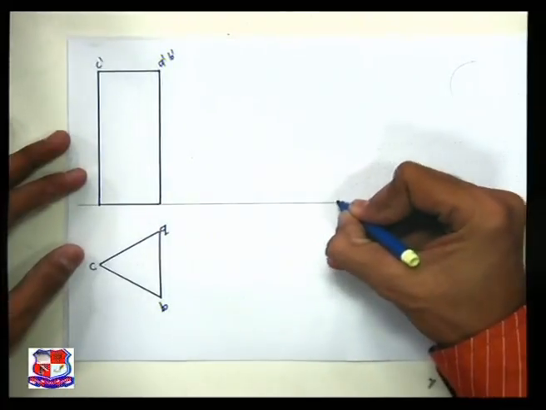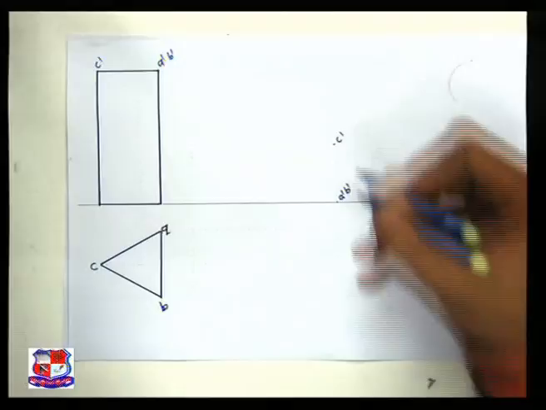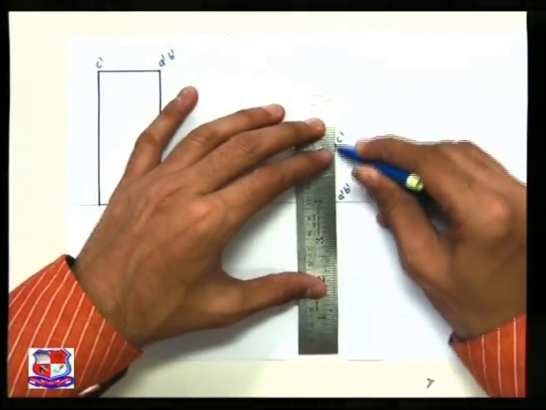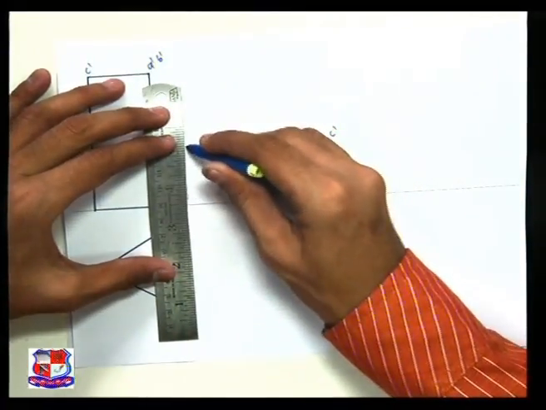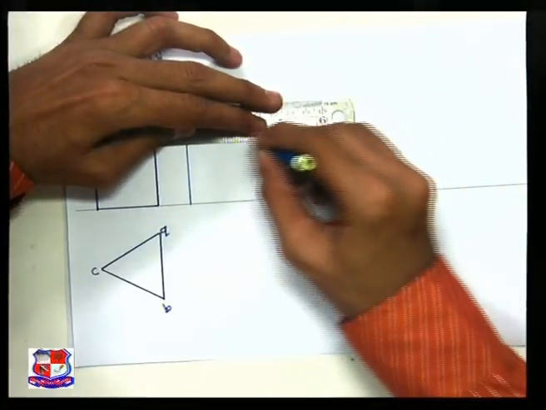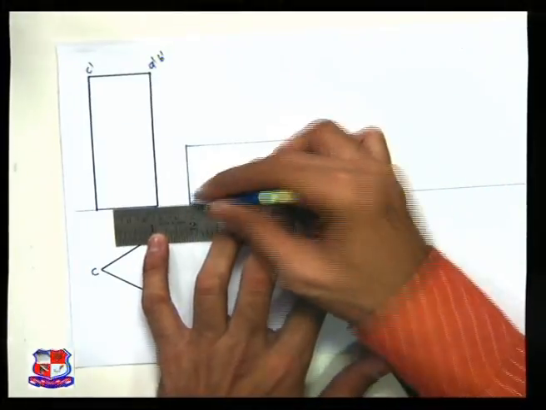Hence here two points would be there, A dash, B dash, here would be point C dash, and redraw this rectangle by drawing arcs or by measuring dimensions of respective points in such a way that one line is on XY line like this.